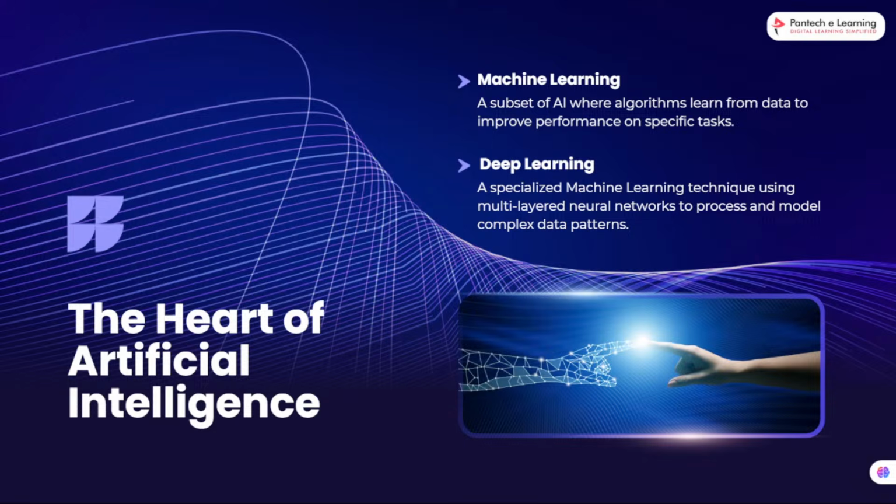So entering into the technical term, like a computer programming term, we can say that every text, every audio and every picture, everything is called data, right? So that particular data, in any kind of format, the deep learning can handle. A specialized machine learning technique using multi-layer neural networks to process and model complex data patterns.